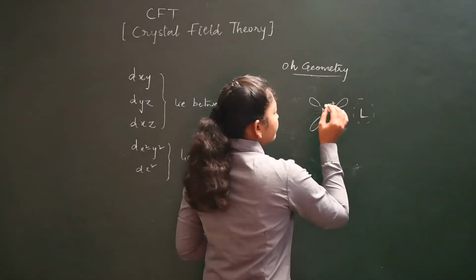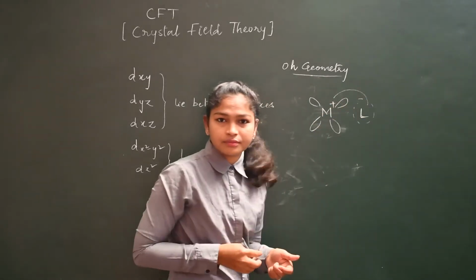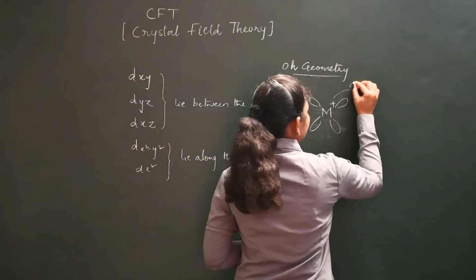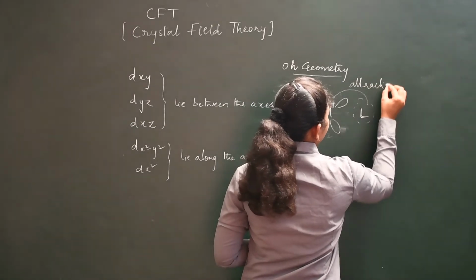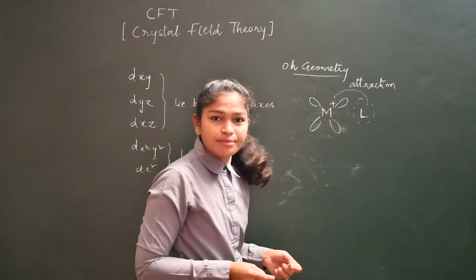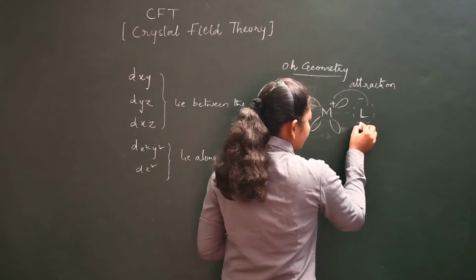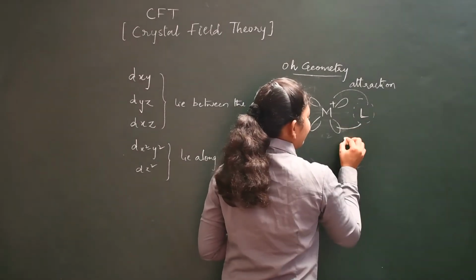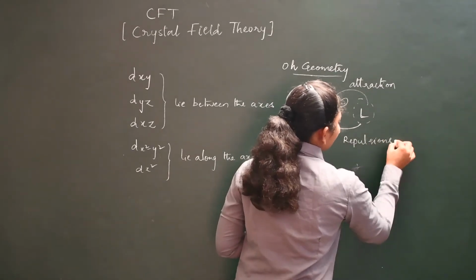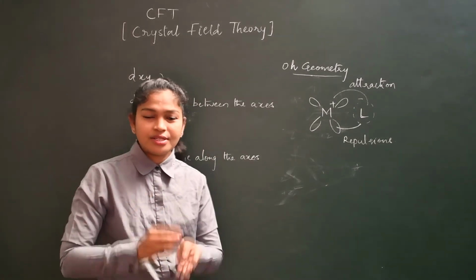So there will be a force of attraction between the metal and ligand. And then these orbitals are empty, and they have some electrons also in them. Then the ligands and orbitals will have repulsion between them. According to this only, we are going to get the splittings in octahedral and tetrahedral.